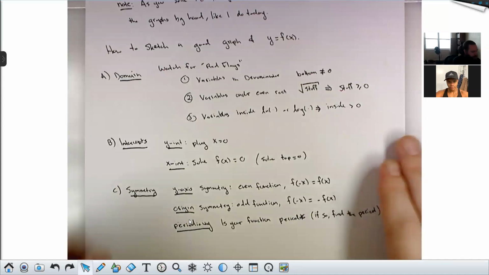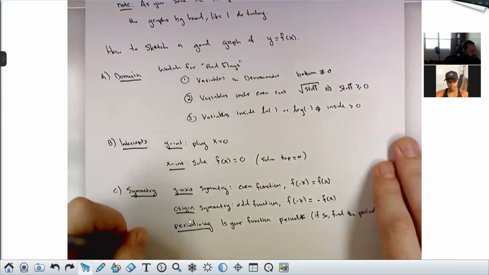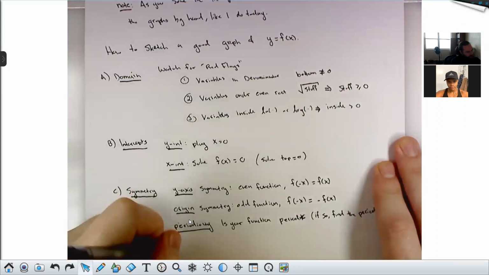The next thing you're going to look for are asymptotes. Vertical asymptotes.